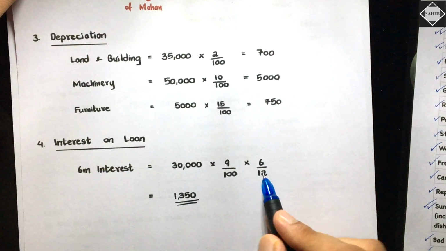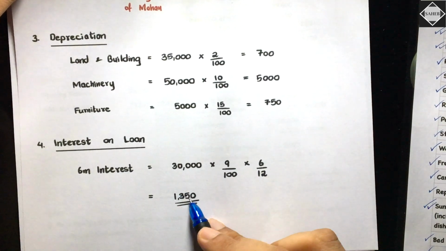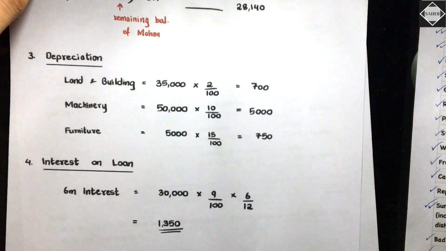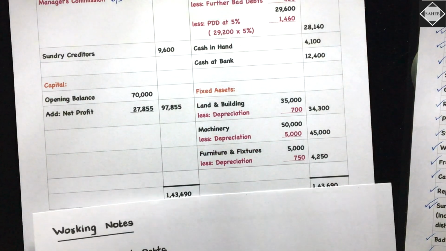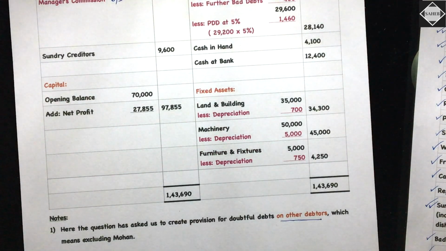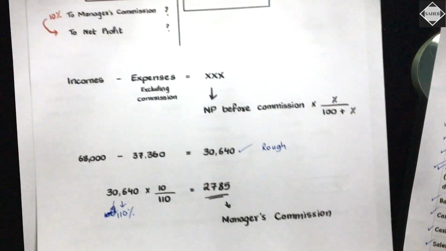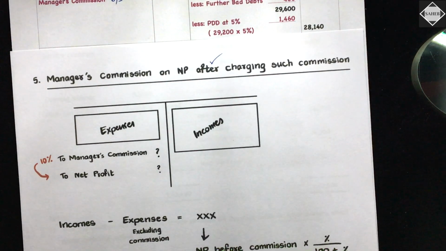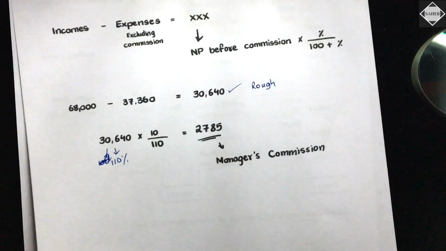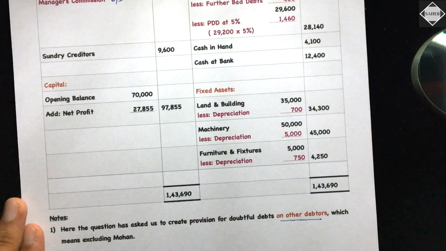That's why 6 by 12. 9% was the rate of interest. So it was 1,350. We have done everything in rough. Isn't it? Yes. So that's it. It's really simple. The only thing that you have to understand properly is this. Yeah. This also you understood how you have to do it. Complete technique got fit in your mind now, isn't it? Yes, really simple and straightforward.